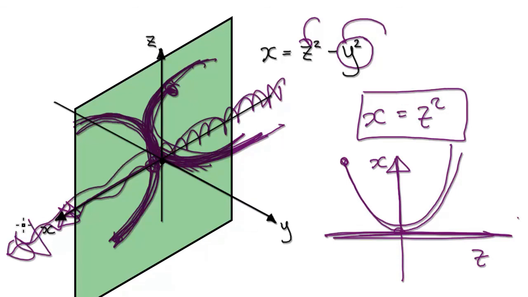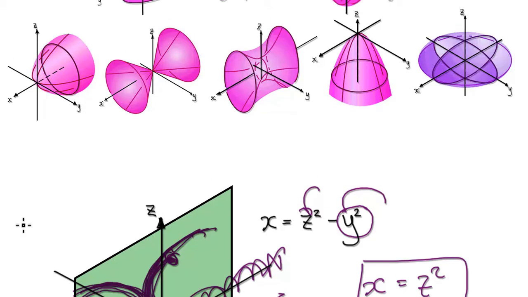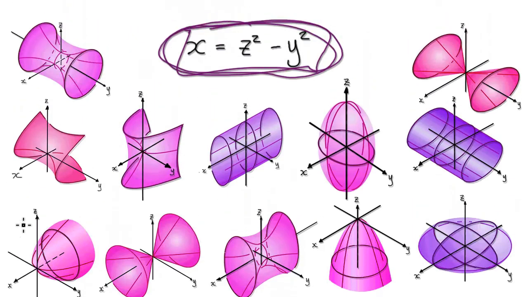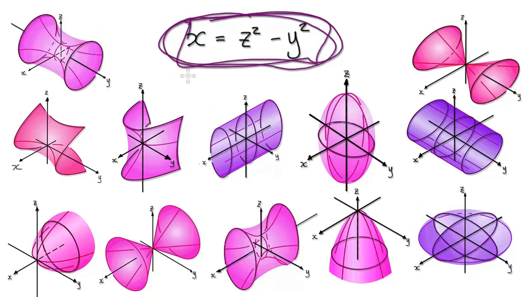Okay. So going back to this, which surface will satisfy all our conditions? Well, you should be looking at this one here, because we're moving in the x direction, and then we've got a negative quadratic here, and then we've got a positive quadratic here.